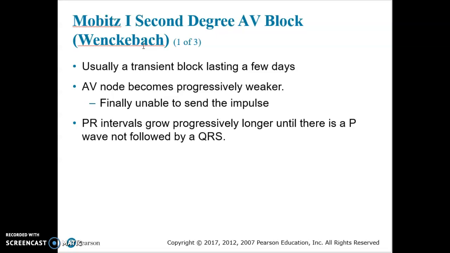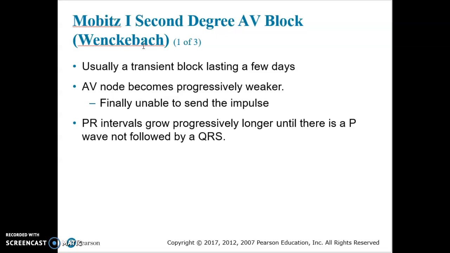With Wenckebach, the PR intervals grow progressively longer until there is a P wave that is not followed by a QRS. We'll have our P wave, we'll measure our PR interval, and the PR interval in one section of the strip may be shorter.